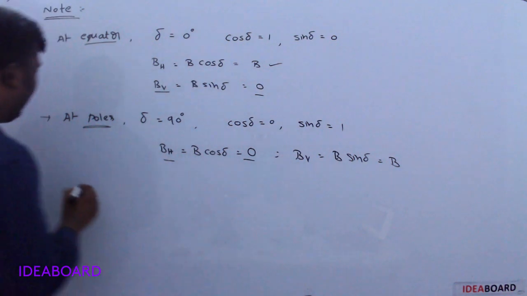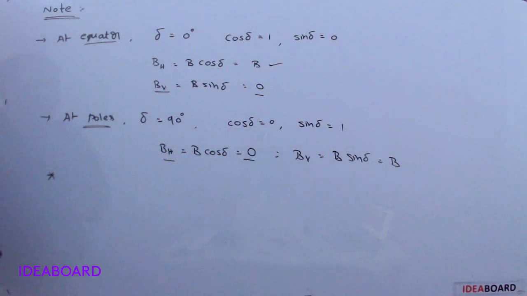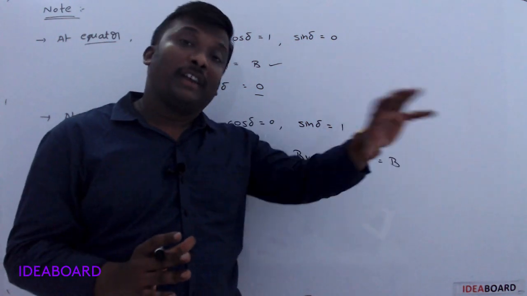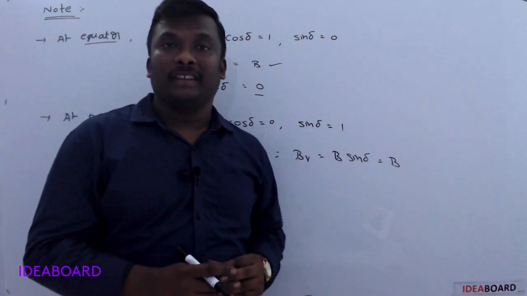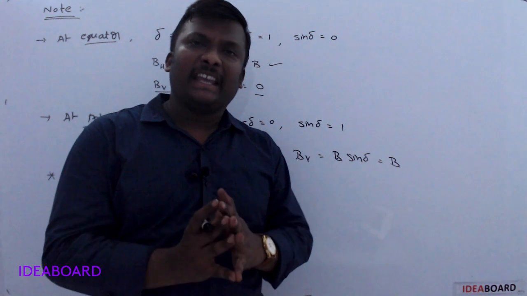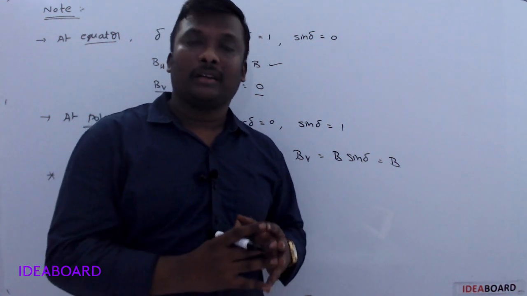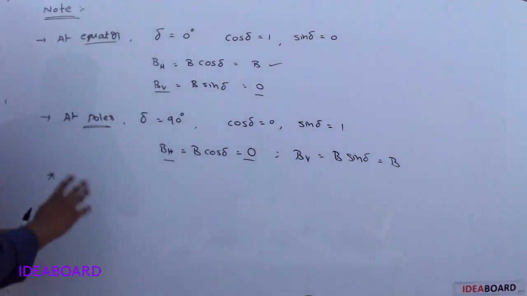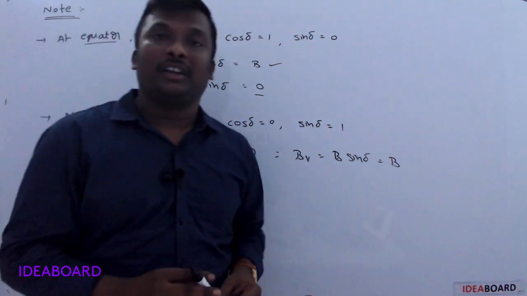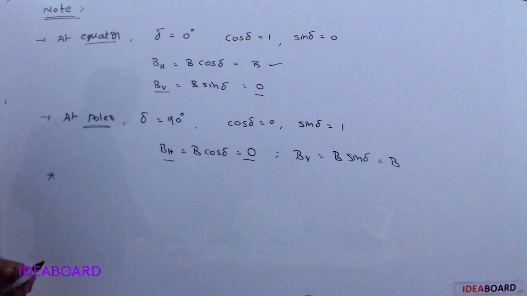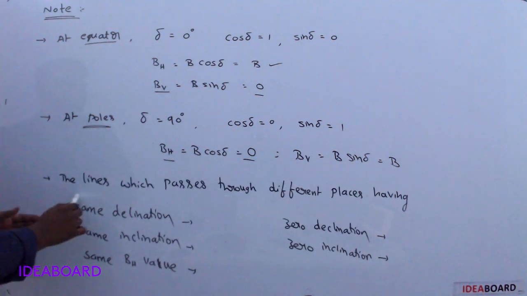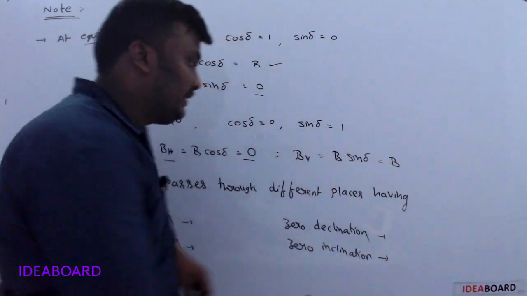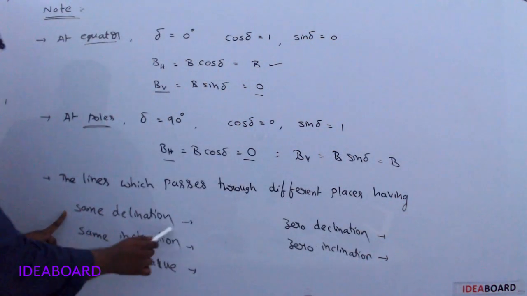Understand? And there are certain lines which are passing through the different points, different places on the earth's surface having the same declination. They are called isogonic lines. Okay, let us see certain definitions related to these concepts. The lines which pass through different places on the surface of the earth having same declination are called isogonic lines.